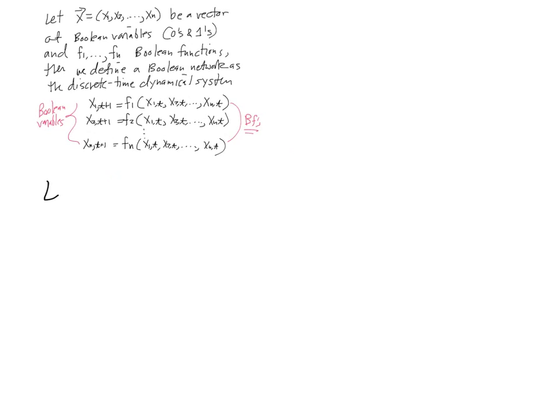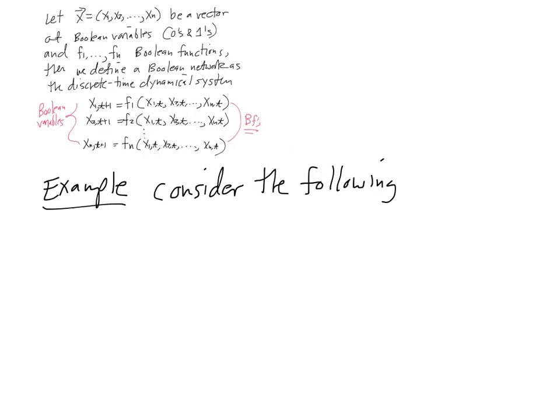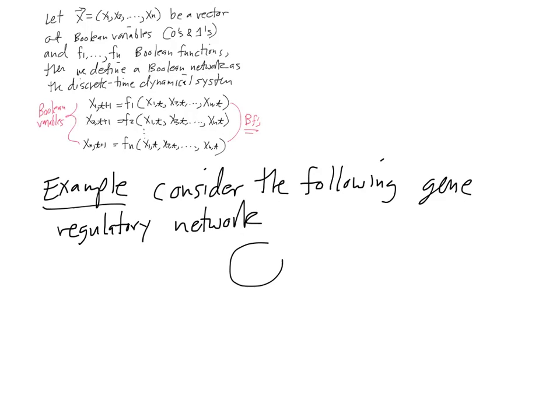So consider the following gene regulatory network where you have x, y, and z all being genes. It's sort of what's called the synchronous Boolean network.